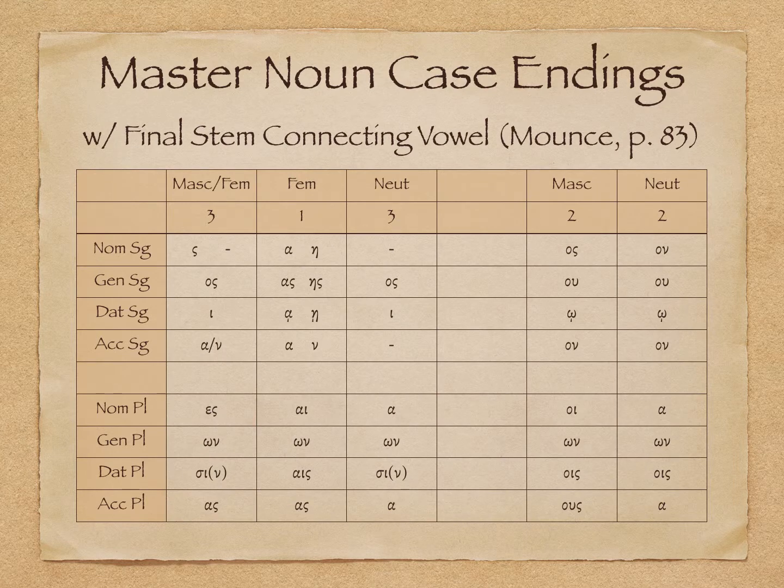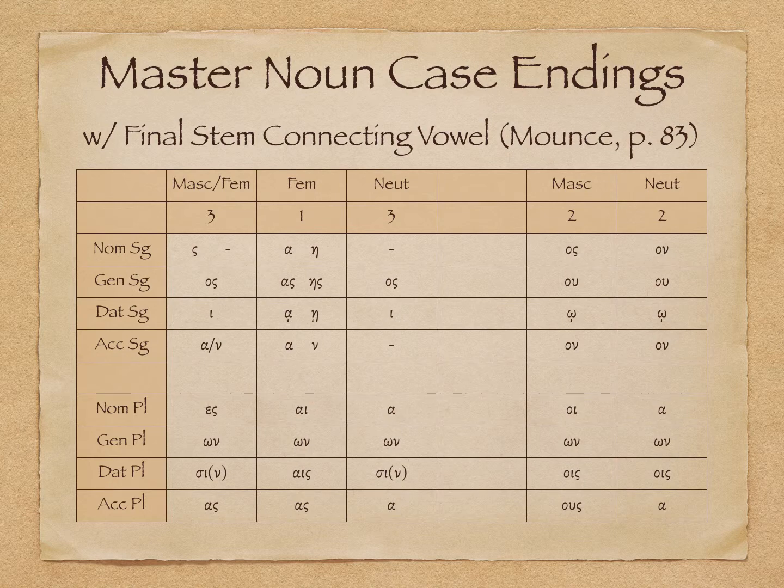Here's our noun case endings chart again. We have the third declension for masculine and neuter, second declension masculine, neuter, and feminine in the first declension there. And this is produced from Mounce, page 83. As I've stated before, it may be helpful to have this memorized or be very familiar with it, and color coding it can help.